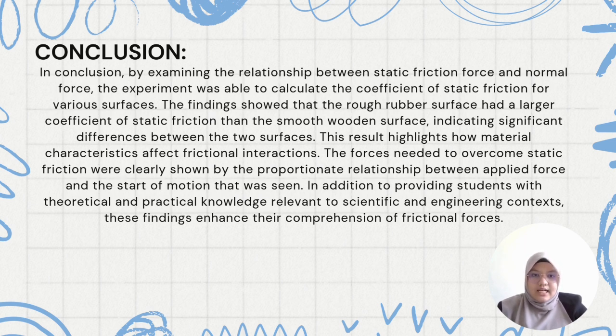This result highlights how material characteristics affect frictional interactions. The forces needed to overcome static friction were clearly shown by the proportional relationship between applied force and the start of motion that was seen.